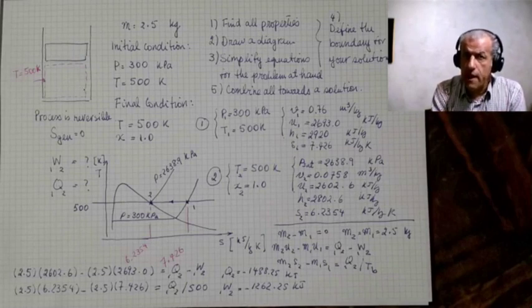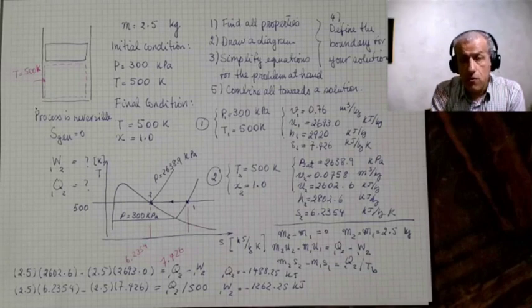But at the same time, while we have done 1262 kilojoules of work, the vapor has lost 1488 kilojoules of heat. It means that we have given 1262 kilojoules of work and have caused 1488.25 kilojoules of heat to go out of the cylinder.